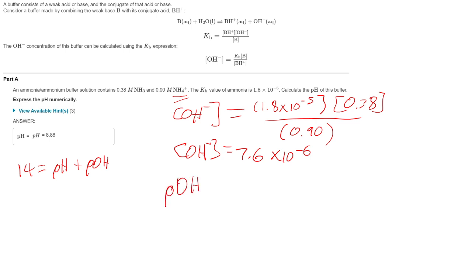Well, again, that p stands for negative log, right? And so we're going to take the negative log of our 7.6 times 10 to the negative 6. We take that negative log. That value for our pOH is 5.1192. I might give some extra sig figs just so I don't get rounding error. Okay? Is everything clear up to this point?